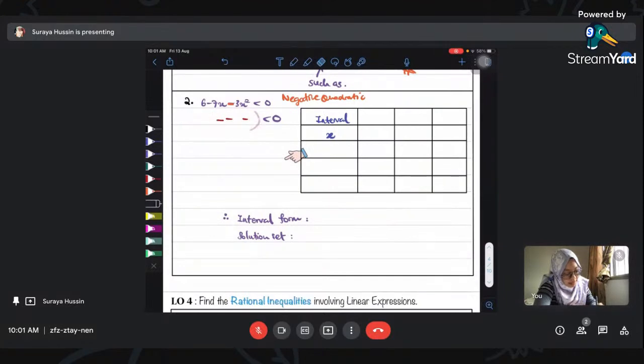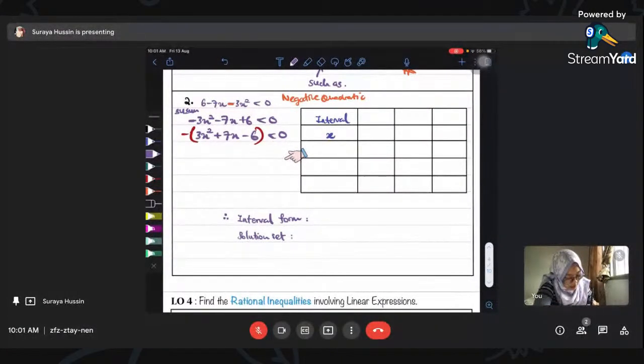Ataupun kamu mesti confused. Saya repeat balik lah. Sorry ya guys. Saya susun dulu. Saya susun elok-elok supaya semua orang boleh nampak dengan jelas. Saya susun elok-elok, okay? Lepas tu baru saya bawa keluar negatif. Saya factor out the negative and I will get 3x squared plus 7x minus 6. Yeah. And then masih sama.